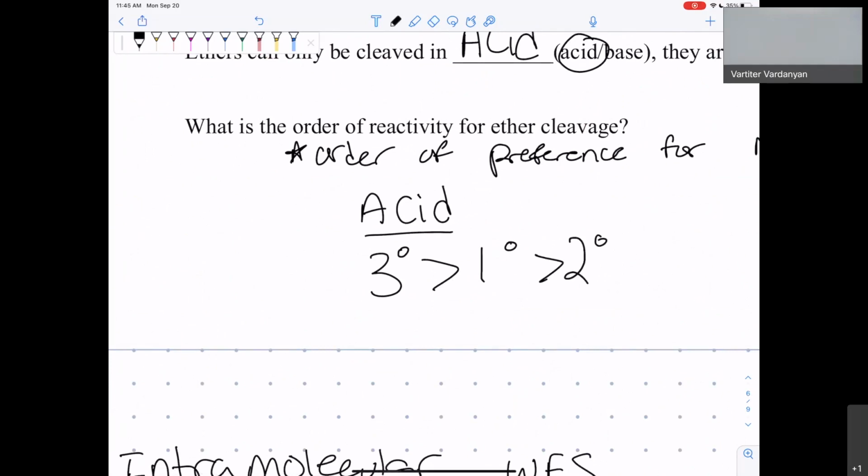That's why it's a pain in the ass. Really poor execution. So the order of preference for an acid is actually 3, 1, 2, and that is why it's a pain in the ass.